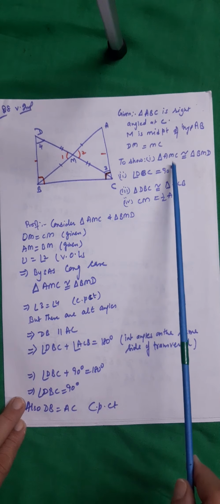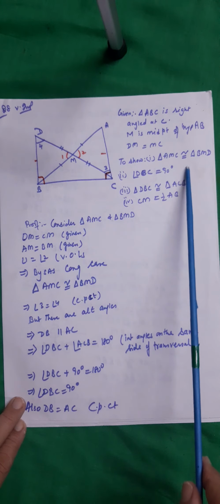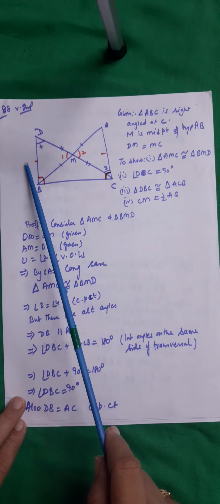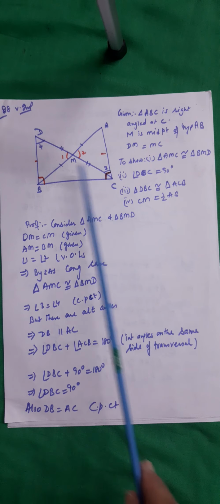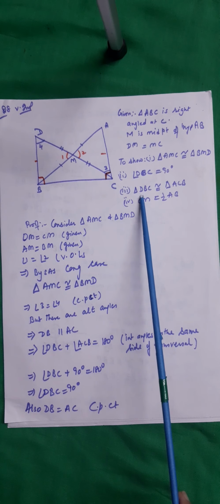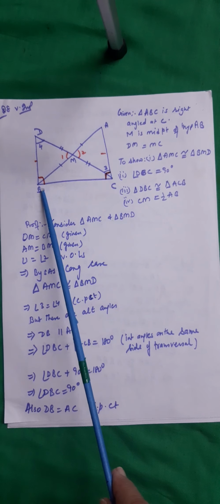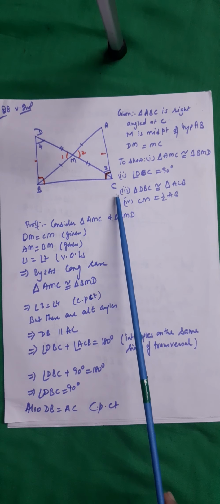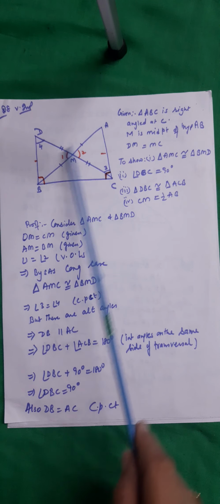We have to show the triangle AMC, this triangle, and triangle BMD, these two triangles are congruent, and we have to show that angle DBC, this angle is 90 degree, and thirdly we have to show that triangle DBC is congruent to triangle ACB. And lastly, we have to show that CM, this CM is equal to half of AB.